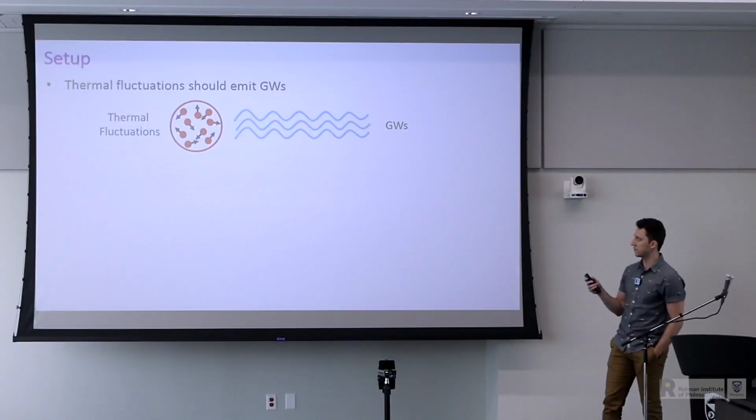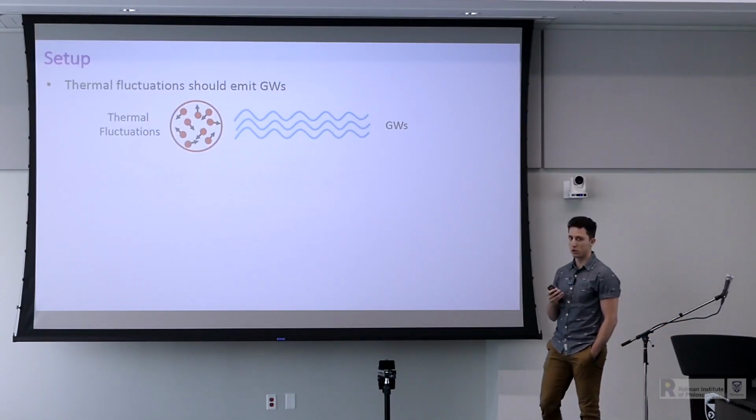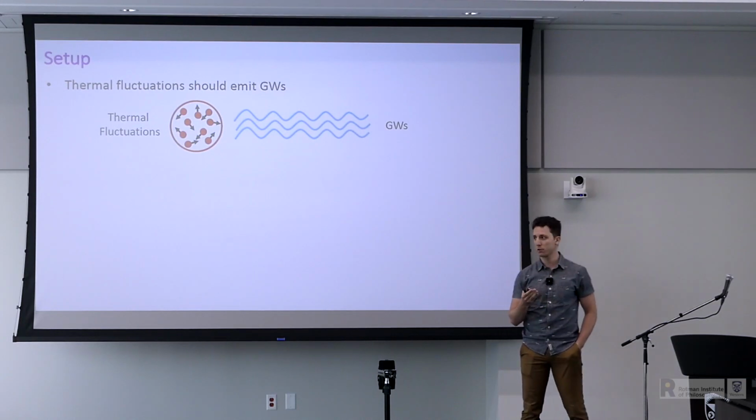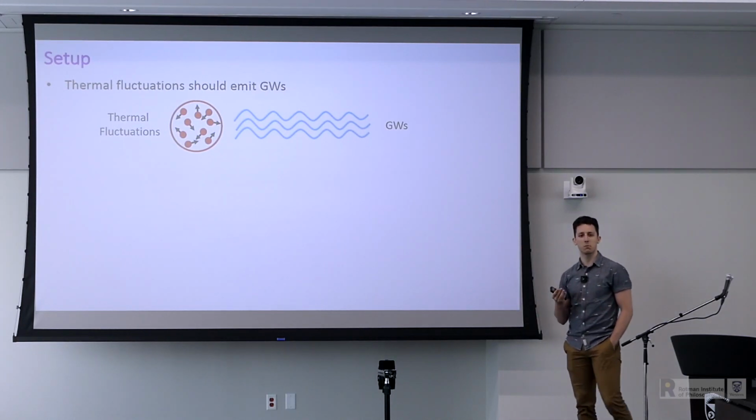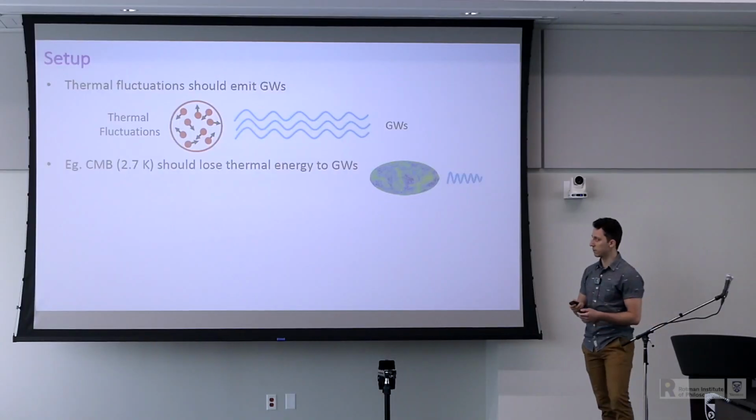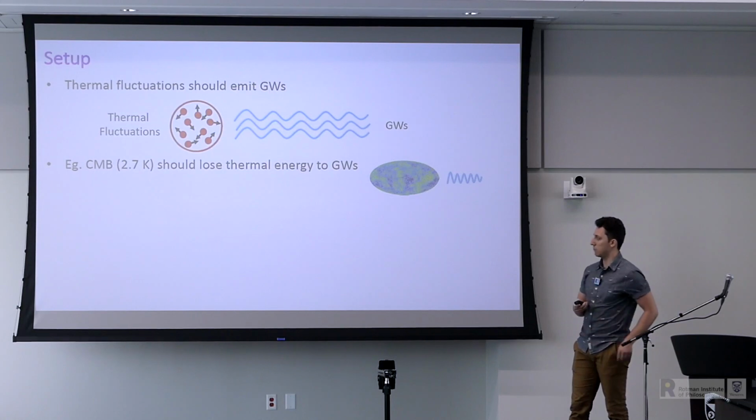So we'll consider this setup. We know that thermal fluctuations of any hot object should emit gravitational waves. Why? Because if we have oscillating energetic degrees of freedom, we expect that that's going to source gravitational waves just by the gravitational wave equation. So we have some examples of thermal objects in the universe.